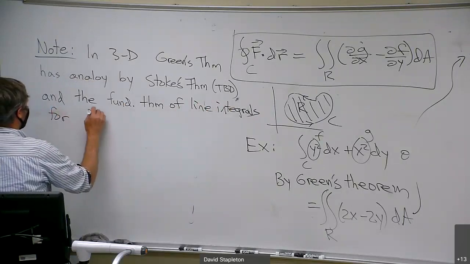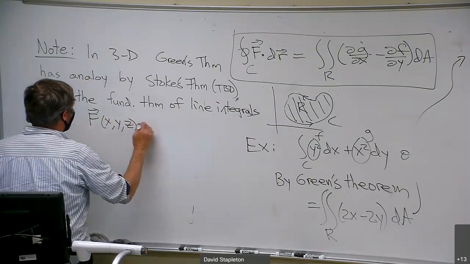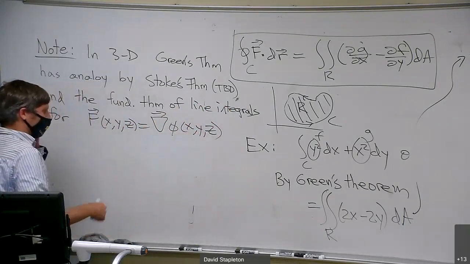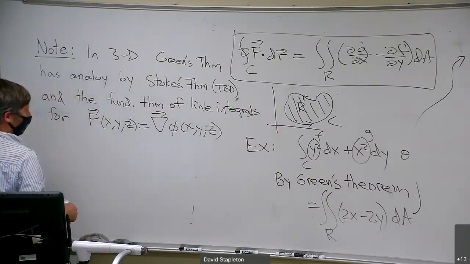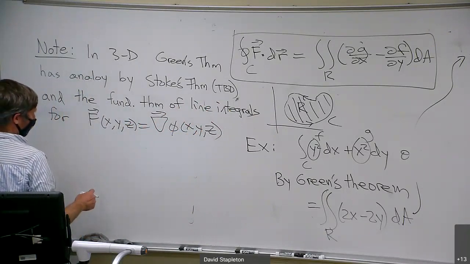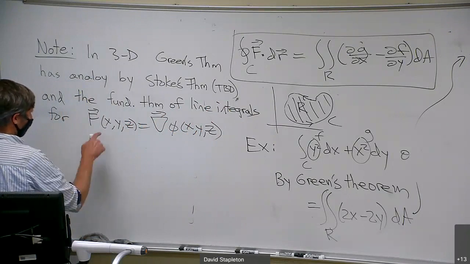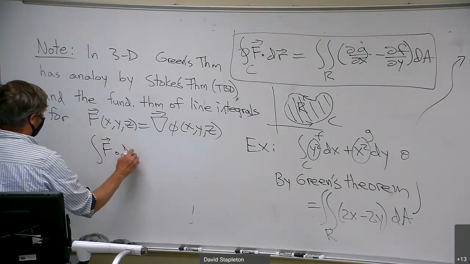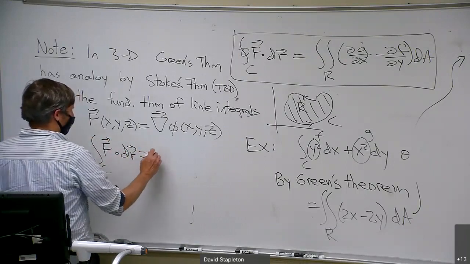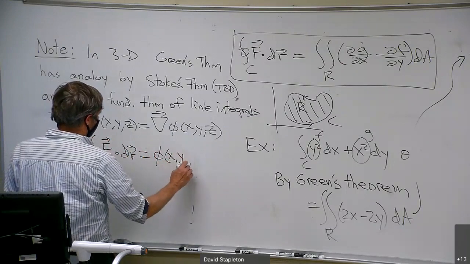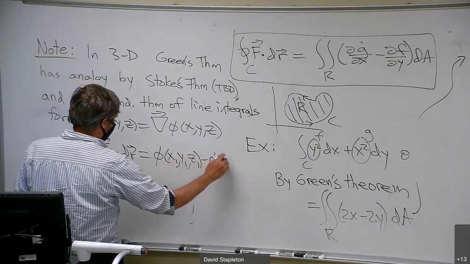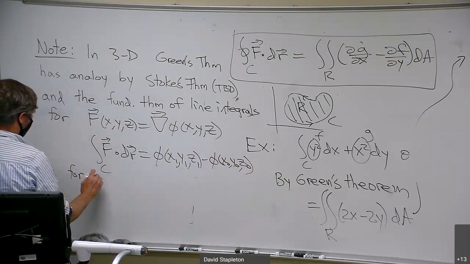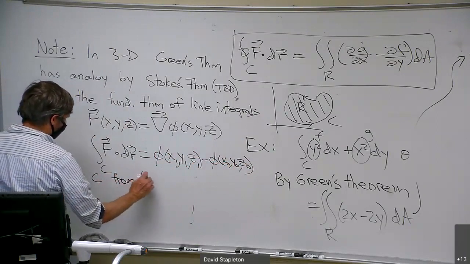For F, a function with 3 components of 3 variables x, y, z, equals the gradient of a function phi of 3 variables, so it's conservative, again on a simply connected region in 3 space, the line integral of F dot dr in 3 dimensions along the curve C is equal to phi at the final endpoint x1, y1, z1, minus phi at the initial point x0, y0, z0, for C from the one point to the other.